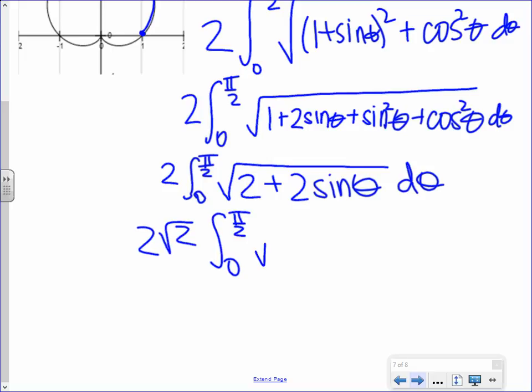So then we can only worry about radical 1 plus sine theta. You see how I did that? Yeah. Okay. Here's where it gets exciting. Are you ready? Do you have any idea how to integrate that?